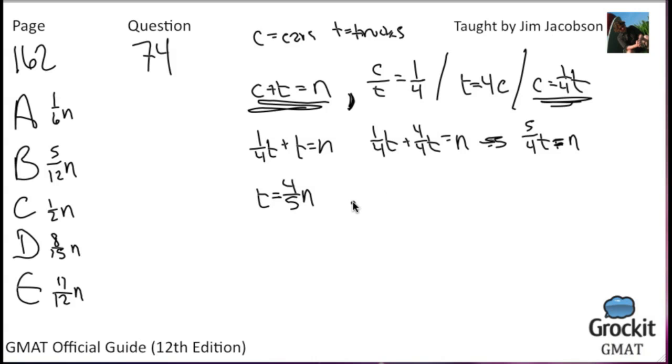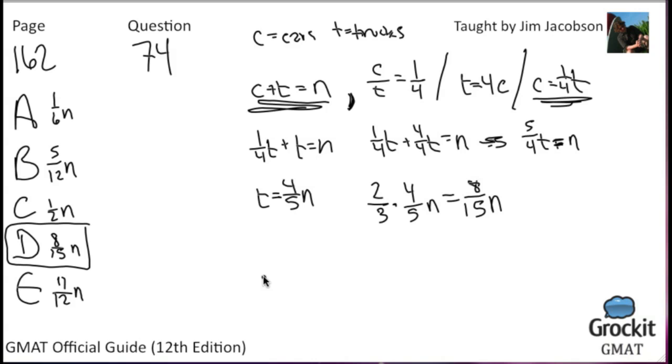And 2/3 of those are pickups. So we are just going to multiply 2/3 times 4/5 N. Multiply across, we end up with 8/15 N, which is answer choice D, and it is correct.